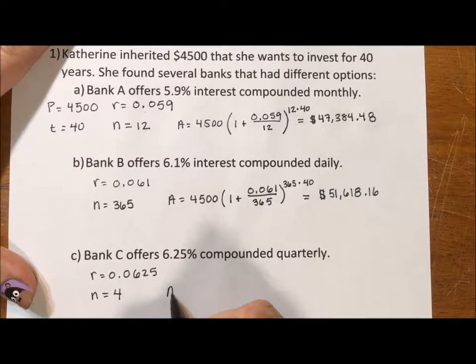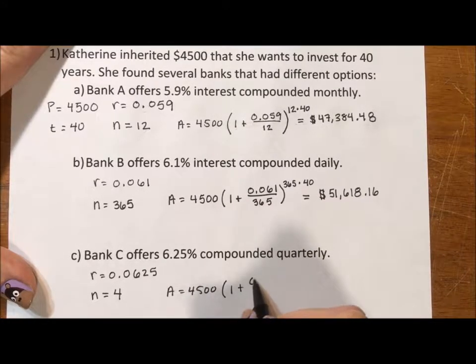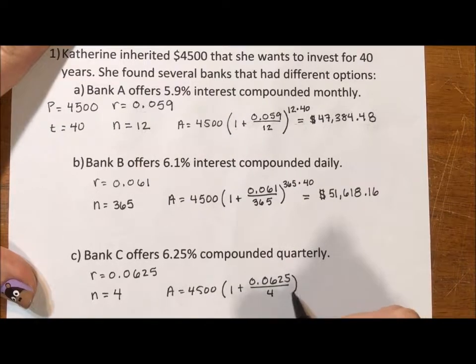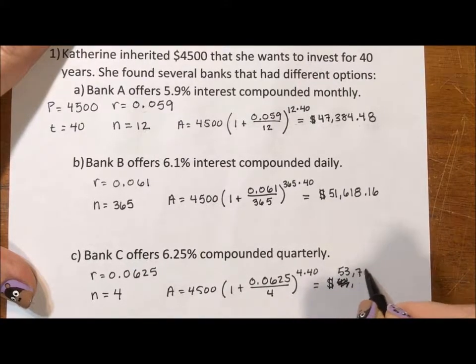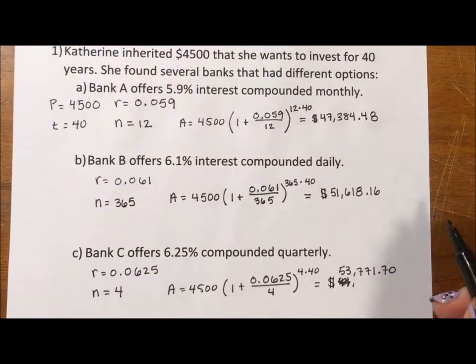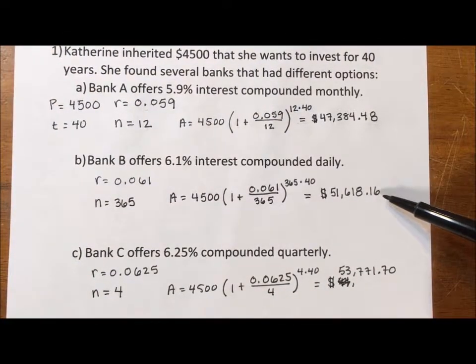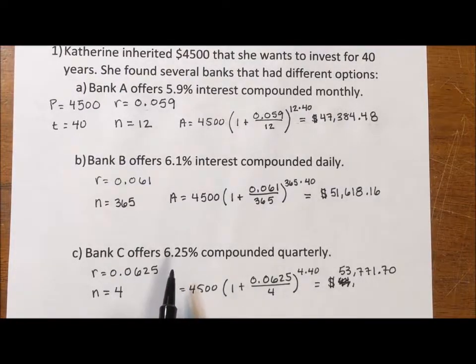So we have A equals our 4,500, 1 plus 0.0625, and this time we just divide it by 4. And then 4 times a year for 40 years, Catherine will get from this bank $53,771.70. So where compounding more often is great, interest trumps everything.